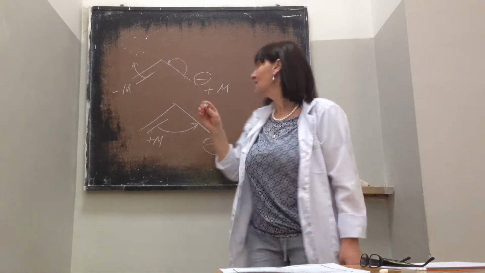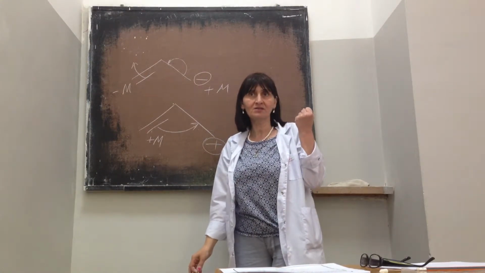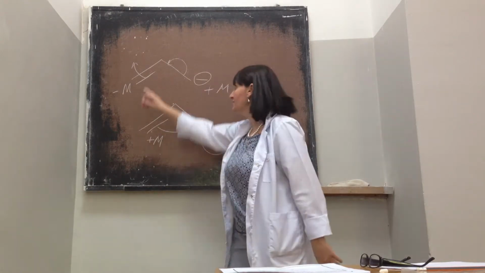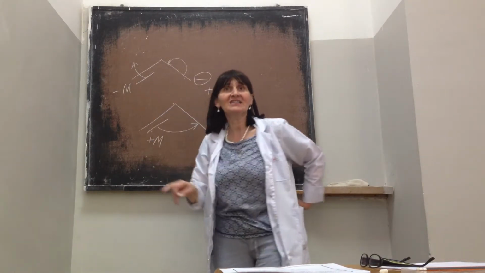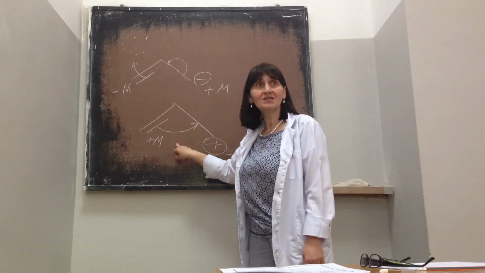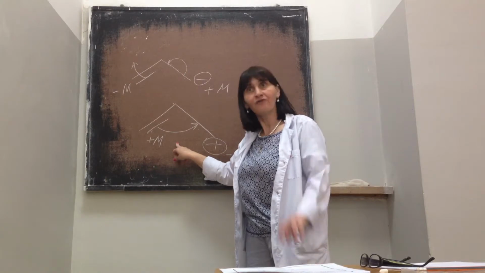In this case, the double bond gets these two electrons. In this case, this one gives two electrons. Here the pi bond is an acceptor. In the other case, the pi bond is a donating group, a donor of electron pairs.